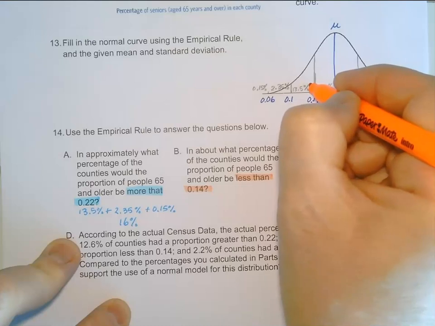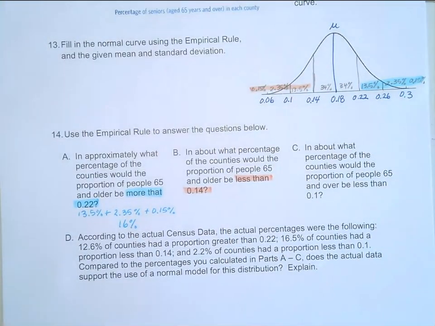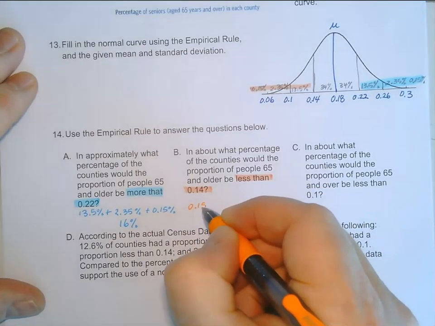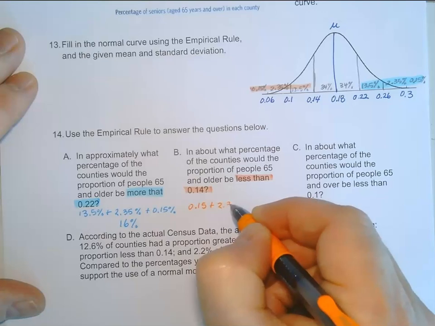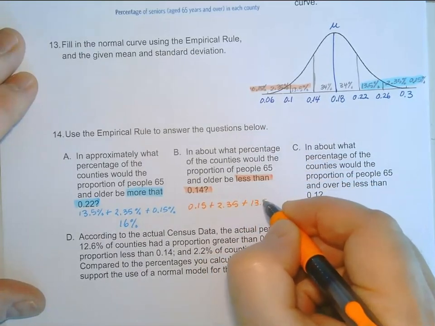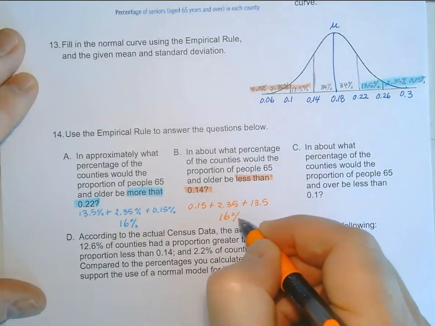Well, isn't it these bottom three right here? That would be the 0.15 plus the 2.35, plus the 13.5. Add those together, you also get 16%.